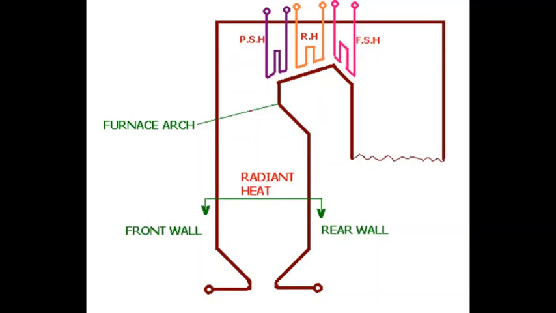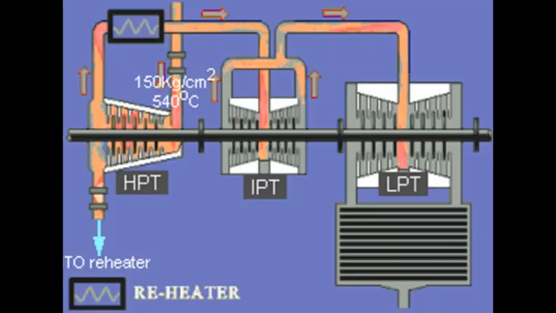From the primary superheating, we send the steam for secondary superheating or final superheating, and in between the primary and secondary superheating, we have an arrangement to control the steam temperature by desuperheating or attemperation.